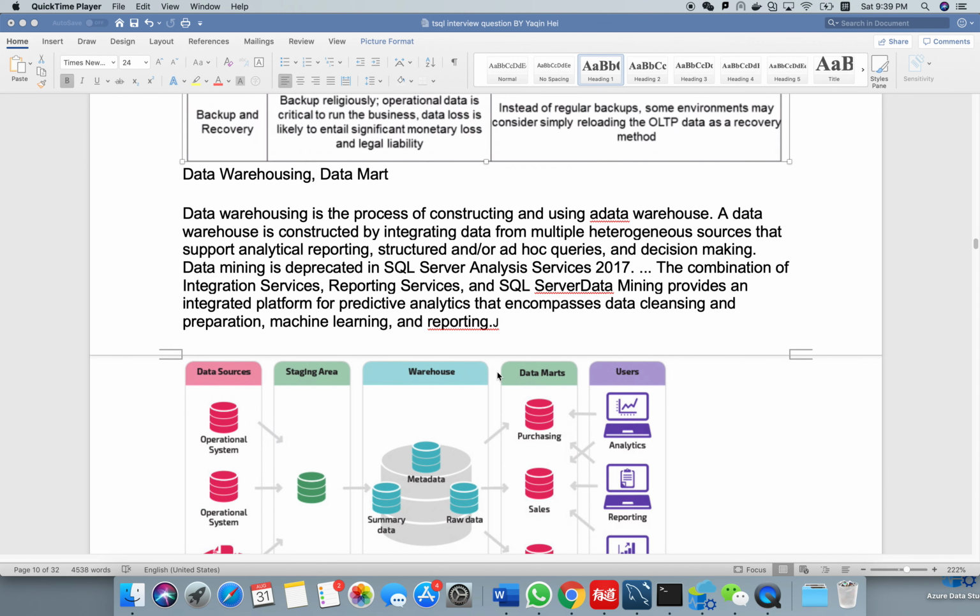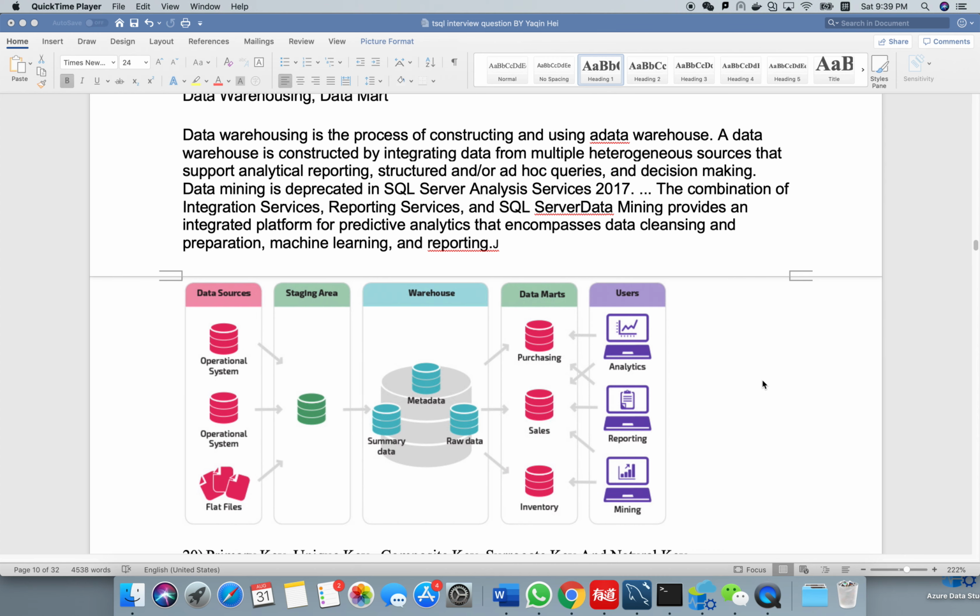Well, data warehousing is the process of constructing and using a data warehouse. Data warehousing is usually used for analysis, reporting, structured, and ad hoc queries. So it usually stores the historical data, just like a container.